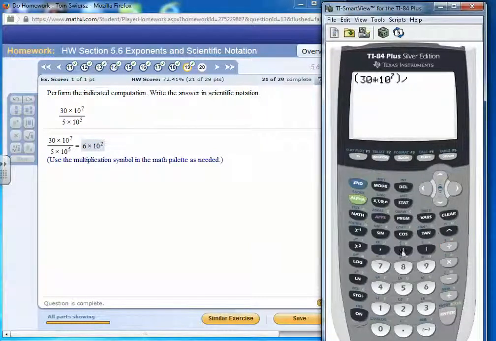And then the second number, divided by 5 times 10 to the 5th power. And we get our answer, 600. Then you would just have to convert, move it over 2 places. So it'd be 6 times 10 to the 2nd power. Okay? Very good.